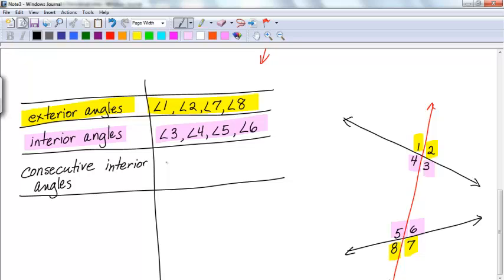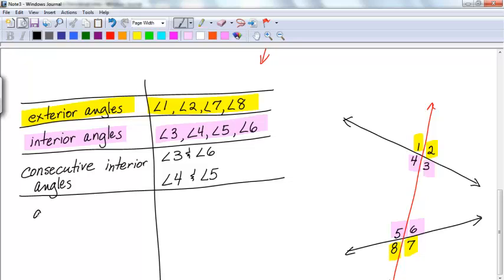Consecutive interior angles are 3 and 6, and 4 and 5. They go in pairs. So angle 3 and angle 6, and then angle 4 and angle 5. They occur in pairs.